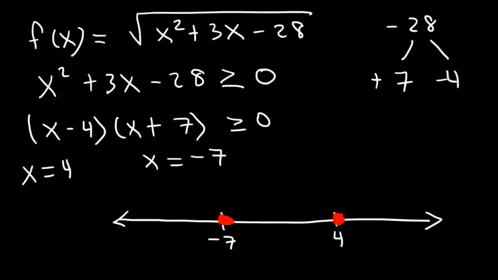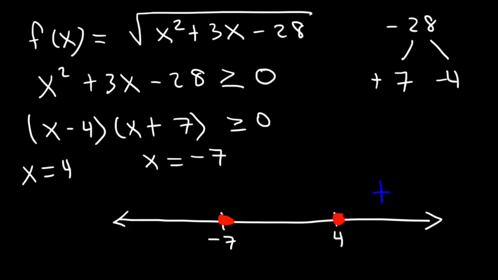So now let us see which interval is satisfying our condition. Our condition is x minus 4 into x plus 7 must be greater than or equal to 0. So if I take any value after 4, this factor will be positive and this factor will be positive.